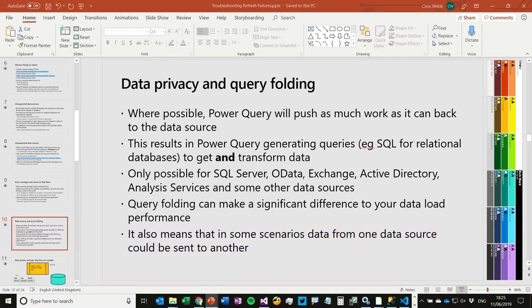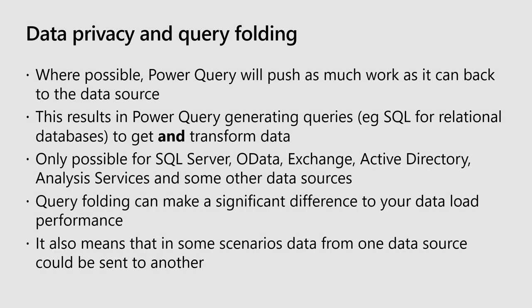Now, query folding only happens for data sources where there is a concept of some kind of query language, like relational databases. Other data sources also have some kind of concept of filtering maybe, or basic stuff, maybe not as rich as SQL. But, for example, an OData data source, you can add parameters to a URL for an OData web service and get it to filter at source.